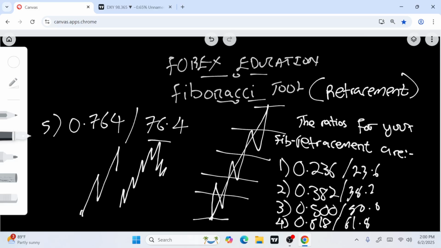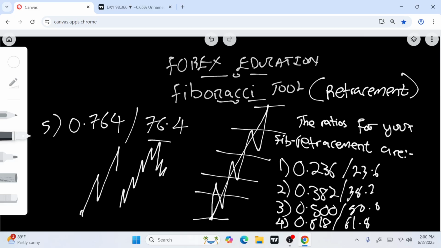Now, traders use the Fibonacci retracement levels as potential support and resistance areas. I've mentioned that now. So that implies that if the market gets to this 23.6 percent and it breaks it, it is expected that it has now acted as a what?